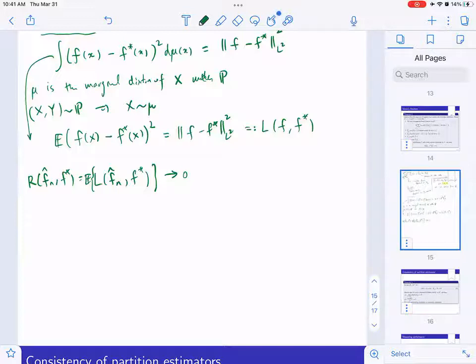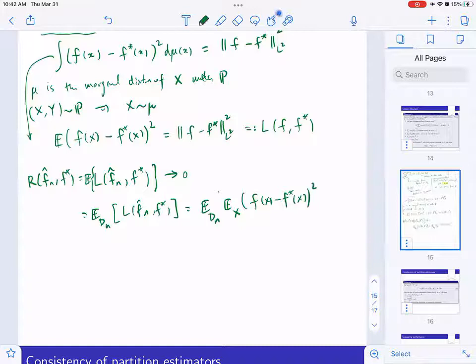If you unpack this, it's the expectation with respect to Dn of L of f hat and f star. The other one I can write as the expectation with respect to x of f hat of x minus f star of x, squared, from the top. I'm putting x here to denote the expectation with respect to this variable; when I put it here, I'm taking the integration with respect to this random variable.